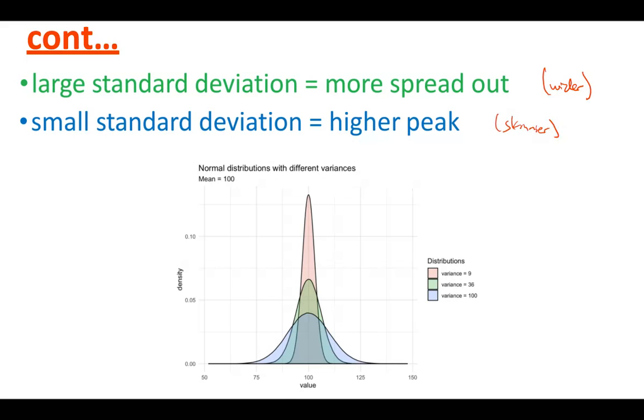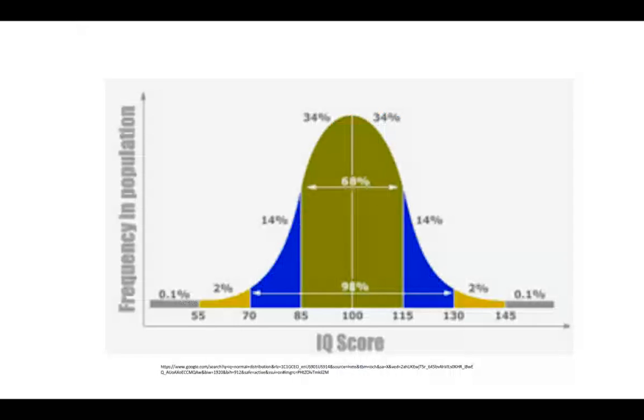If we had a mean of 100, you can see all of these, their peak is at 100, right? The pink one there has a variance of 9, though, so it's a very steep peak there. The green one has a variance of 36, so it's a little bit wider. And then the purple one has a variance of 100, so it is even more wide.